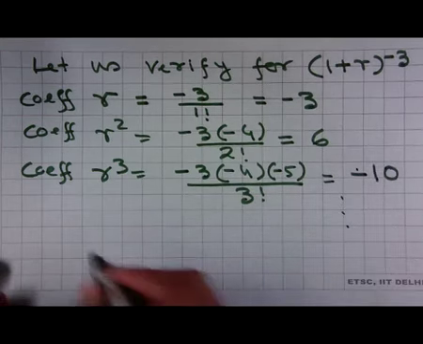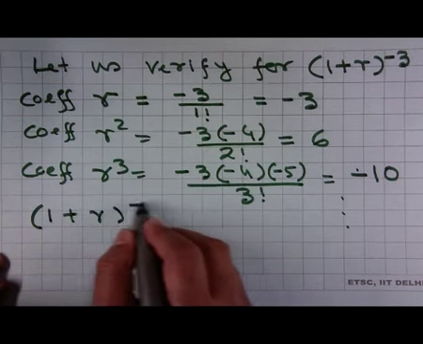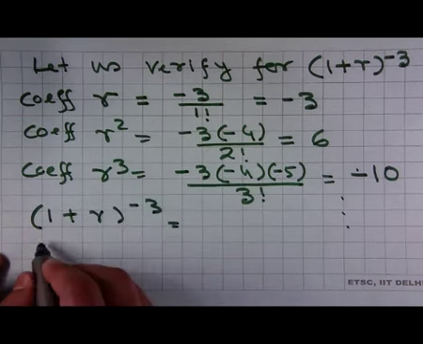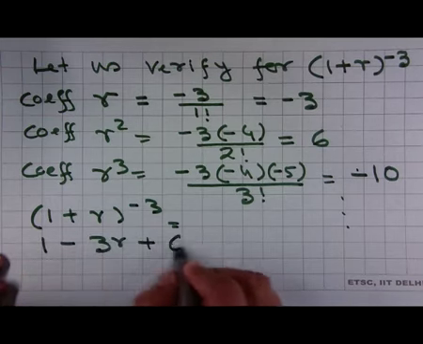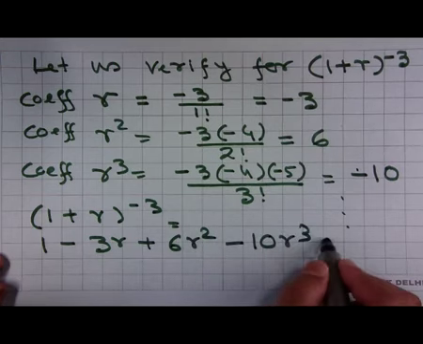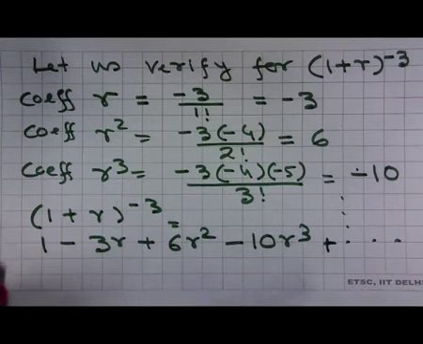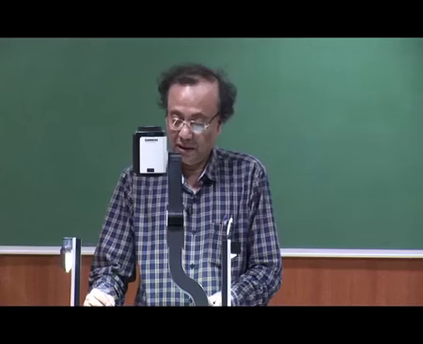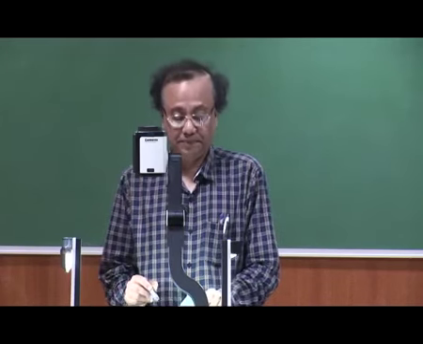Therefore, (1 plus r) whole to the power minus 3 is equal to 1 minus 3r plus 6r square minus 10r cube, and we have seen the similar result for (1 minus r) whole to the power minus 3. Putting r in place of minus r, we will get this result.